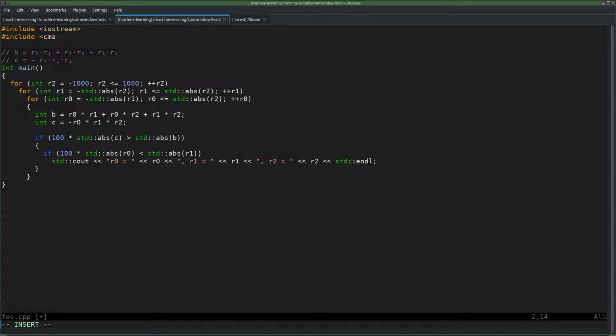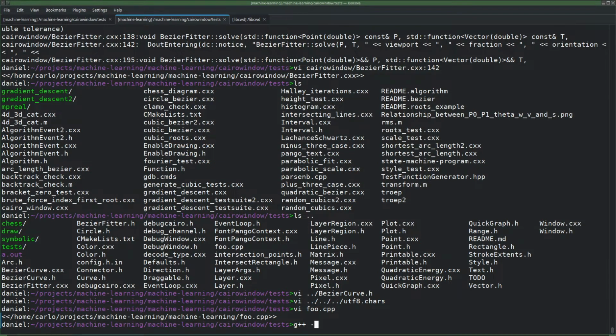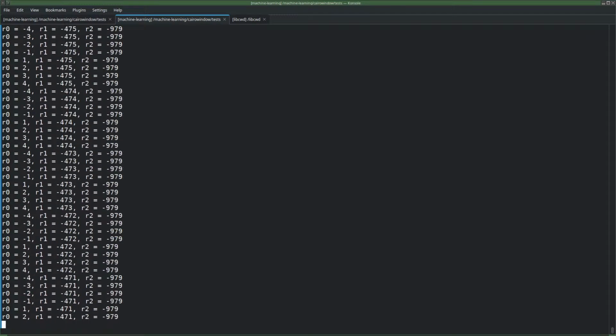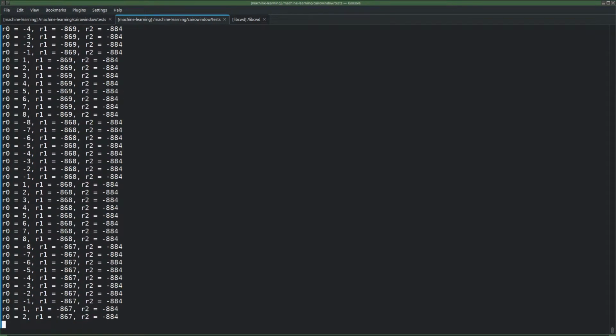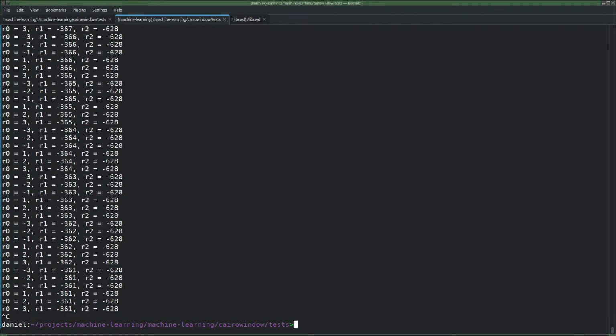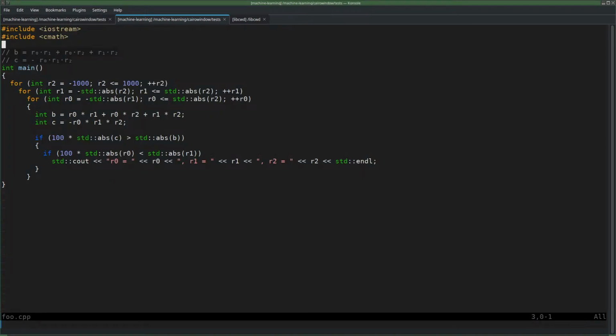Absolute value of C. So definitely less than, much less than those, more than a factor of 100. But apparently not this.